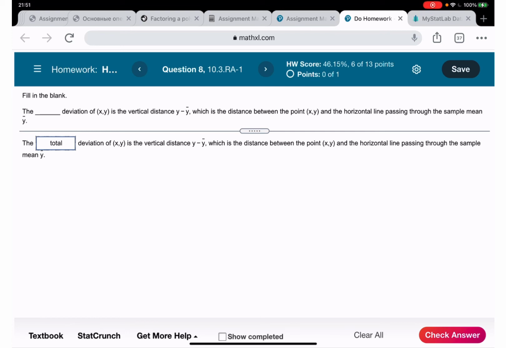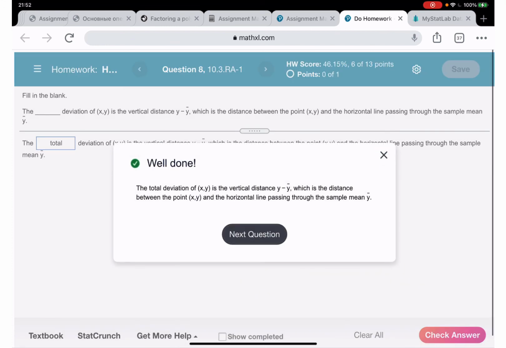Deviation is nothing else but error. So we want to find out how far the observed value drifted from the average one. That is the distance between the point xy and the horizontal line passing through the sample mean. Okay.